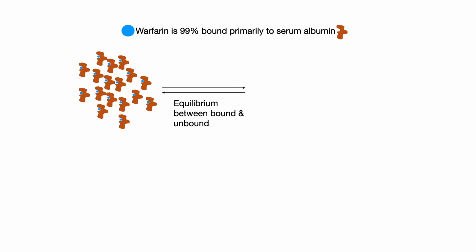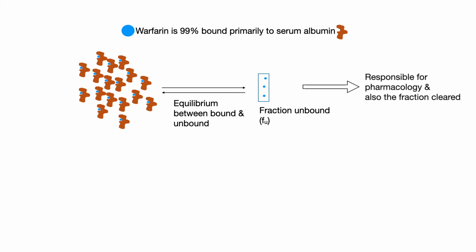In actual fact, there is an equilibrium between the bound and unbound warfarin. And the unbound fraction, which is 1% in this particular case, is designated Fu, and it's the unbound fraction which is responsible for the pharmacology of warfarin, and it's also the fraction which is cleared.